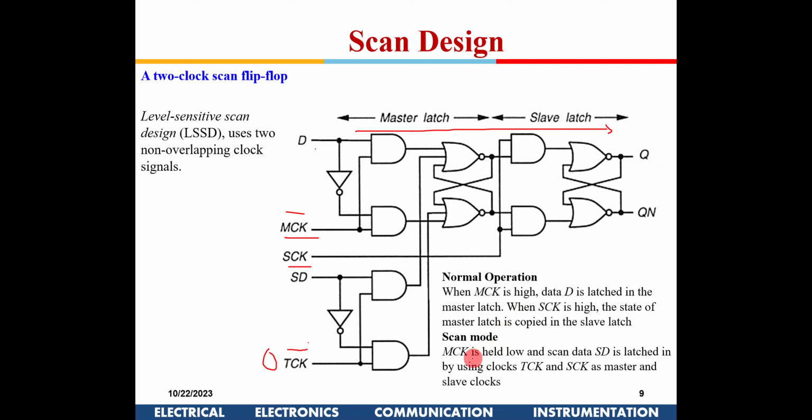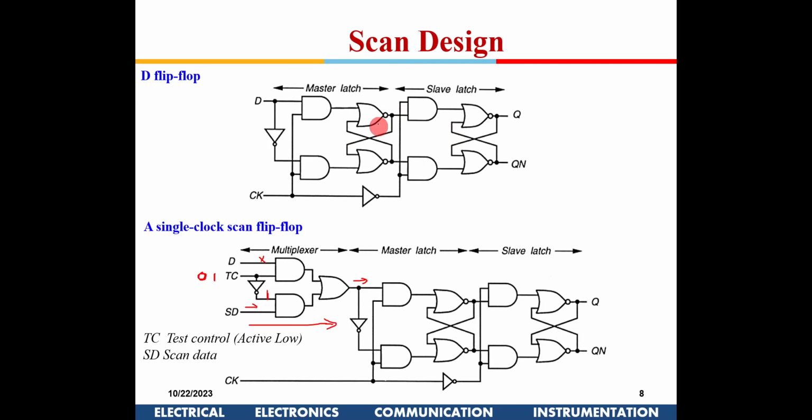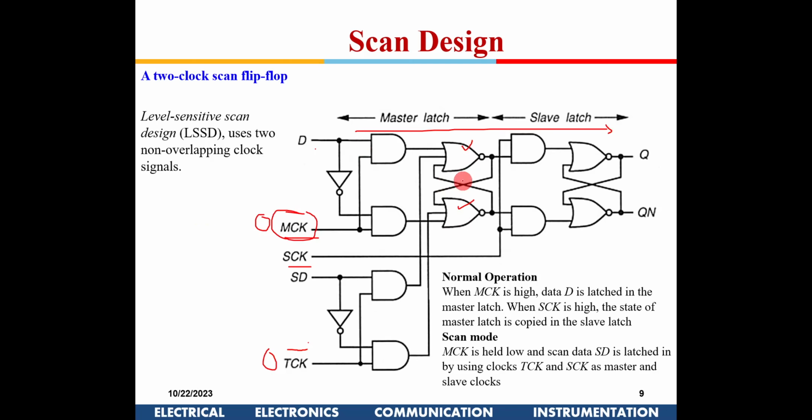In the scan mode, the master control will be held 0, so this output is not there, and this will be placed high. Now the scan data will be given here. So this NOR gate has been modified: instead of a 2-input NOR gate, it becomes a 3-input. These two circuits are placed one above the other, one for the D and one for the scan data.